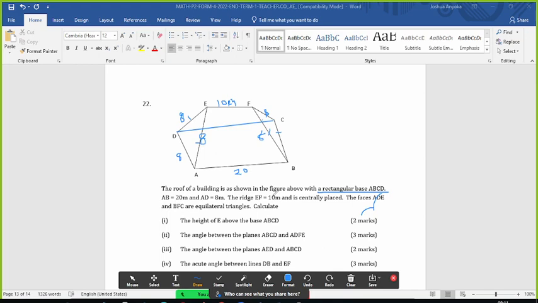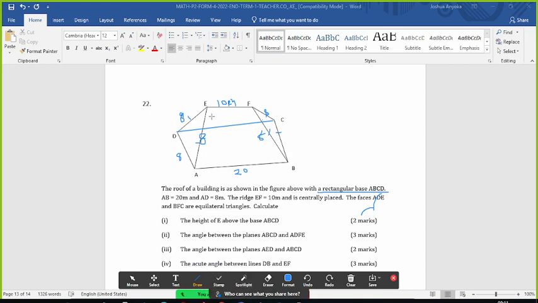But of course we should have facts of what we discussed in three-dimensional geometry. The height of E above the base. I want you to see and then extract this trapezium.